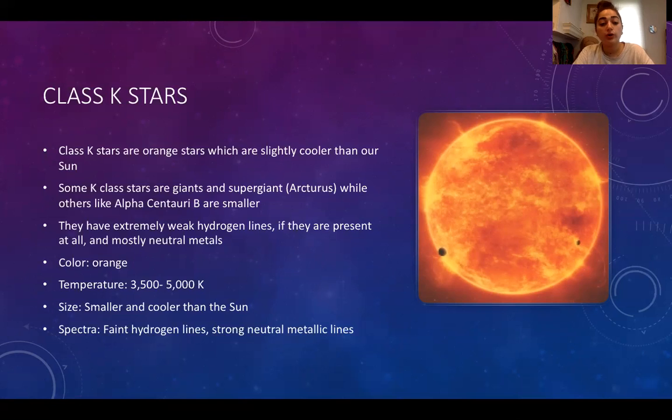Again, their color is orange. Their temperature is 3,500 to 5,000 Kelvin. They are smaller and cooler than our sun, and they have faint hydrogen lines and strong neutral metallic lines. So as you can see, the hydrogen lines start to fade away as the stars get cooler and cooler.